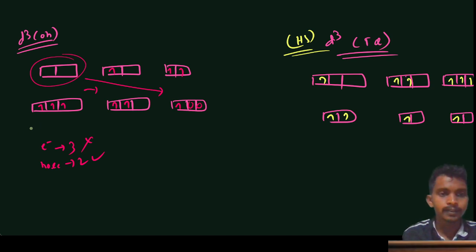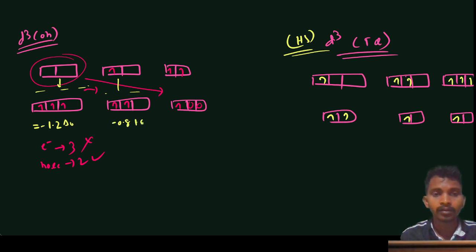If I calculate the CFSE values here, then 0.3 will ascend, so that is 1.2 minus delta naught, because negative is for negative and this is for positive. So here how much, 0.8 minus 0.6, that is going to be minus 0.2.